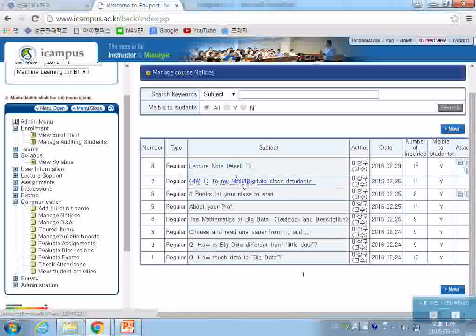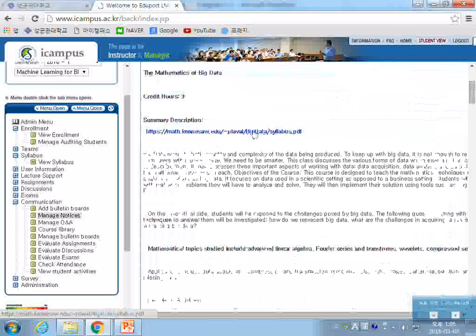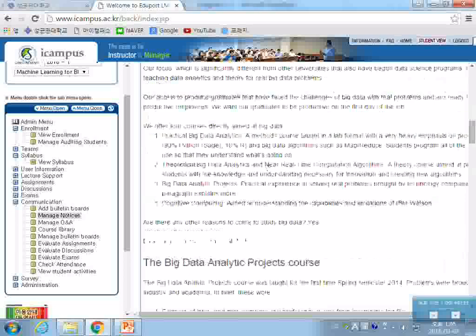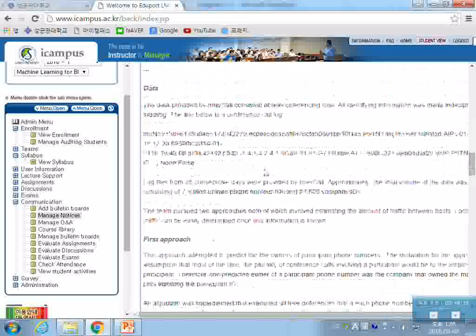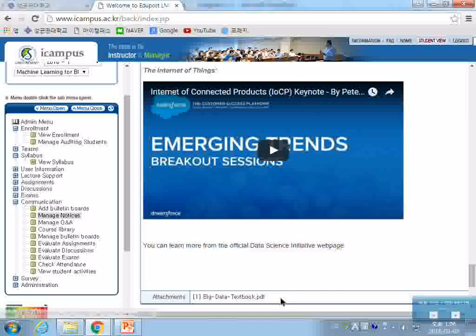I already showed you how to find your textbook, and this is the textbook. Okay, here, this is a syllabus, and this is a big data project. I gave you a textbook here, so you can download it, so you can start to read it.